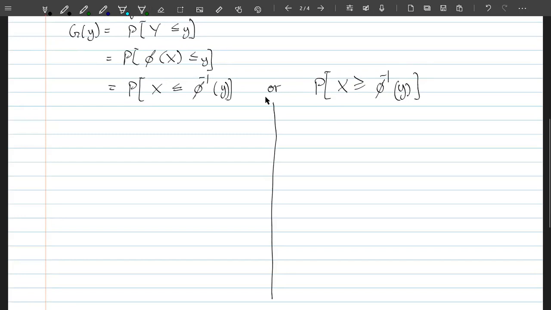So this is the phi is increasing case. Okay, and this is the other case where phi is a decreasing function.